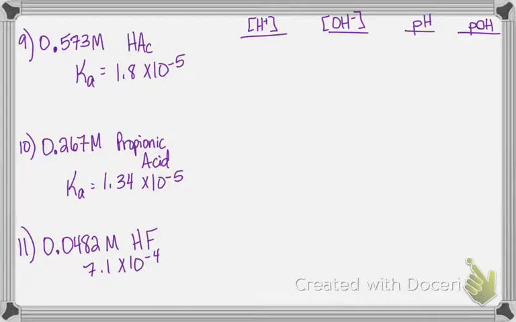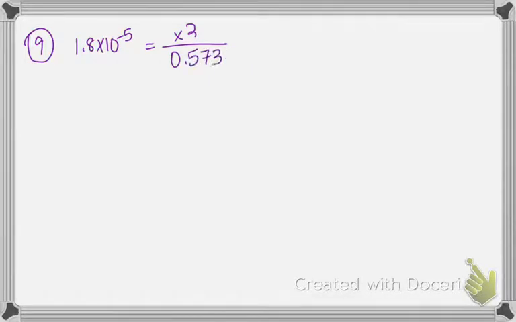And so to work number 9, we are going to say that 1.8 times 10 to the minus 5 is equal to x squared divided by 0.573. And guys, you feel free to write more than what I'm writing so that you understand how to work it. Okay, but this is just showing you the solution to it.